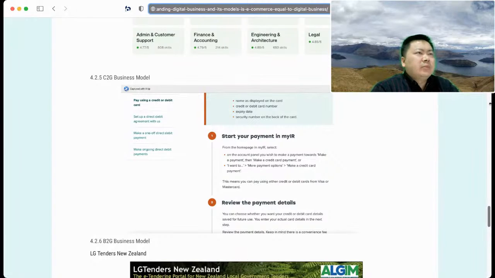They built that platform, and the individuals are only a user of that platform. How can it be a business model? E-government or these government agencies provide information to interact with their citizens or customers. But how can that be C2G or G2C? I'm quite confused about that.